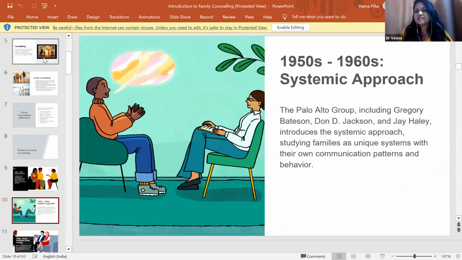In the 1950s and 1960s, we got the systemic approach. The Palo Alto group, including Gregory Bateson, Don D. Jackson and J. Haley, introduced the systemic approach, which studies families as a unique system, and also the communication patterns and behavior within family systems.